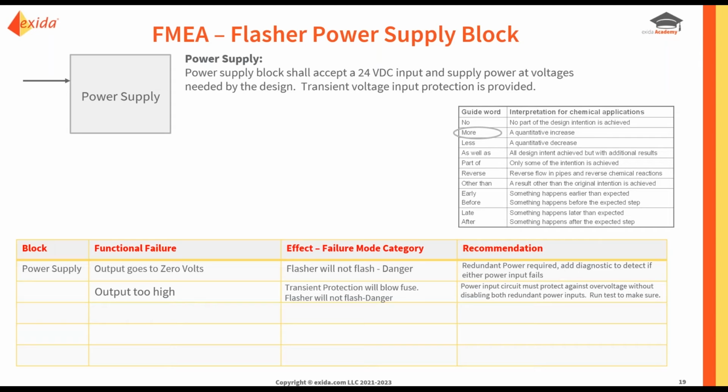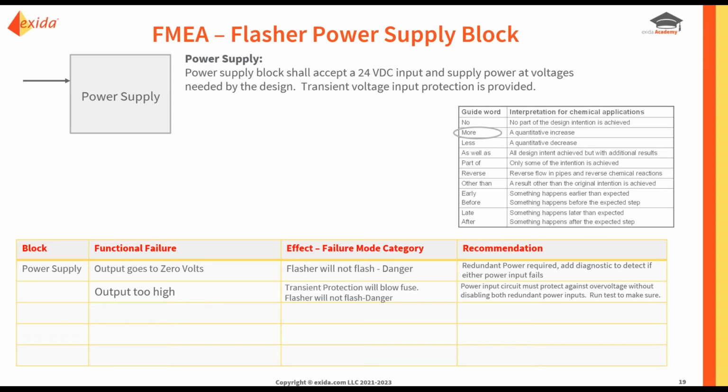So we're going to recommend the power input circuit must protect against overvoltage without, we certainly don't want it to disable both redundant supplies. Sometimes if it doesn't blow out the fuse, the failure can propagate to the entire power subsystem. We don't want that.